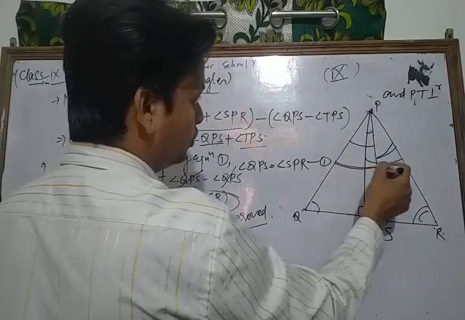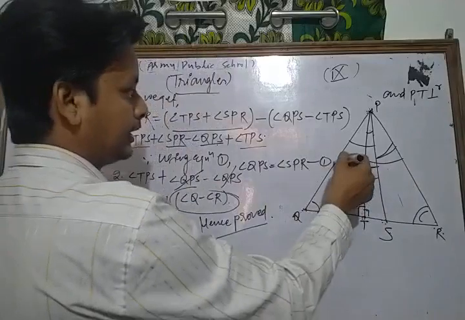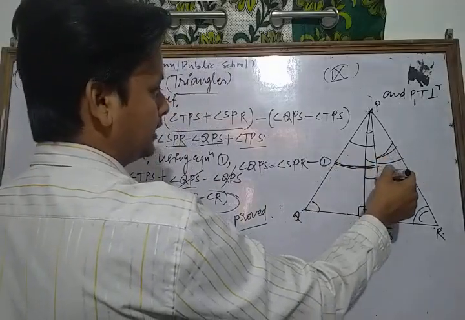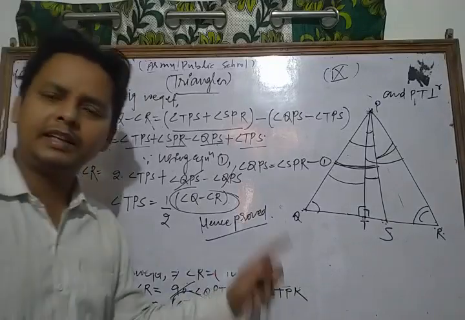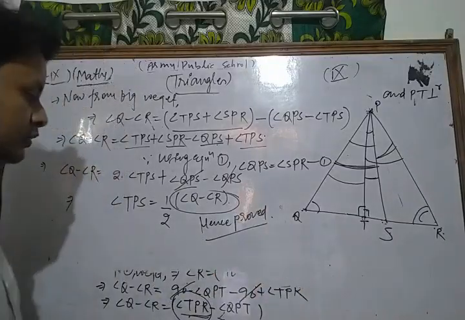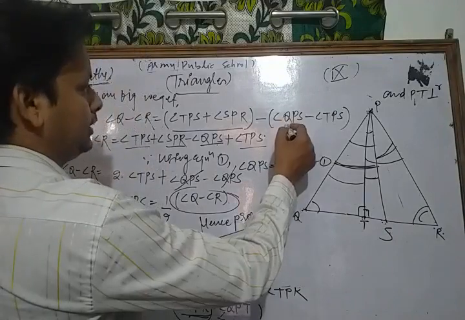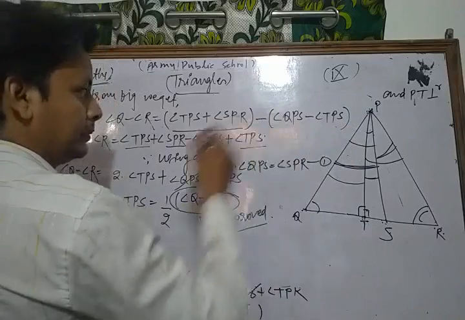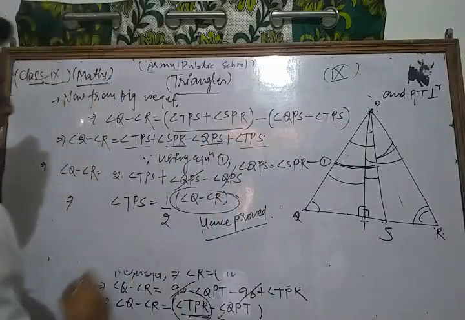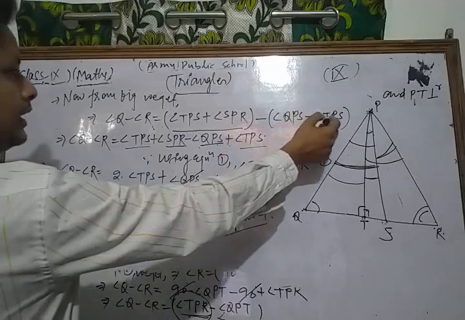Angle QPS minus angle TPS. If we subtract this from that, we get angle QPT. So we write angle QPT as angle QPS minus angle TPS. Now we break the brackets, so we get minus angle QPS plus angle TPS.